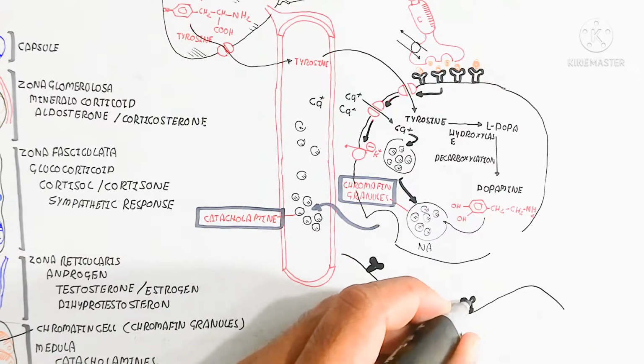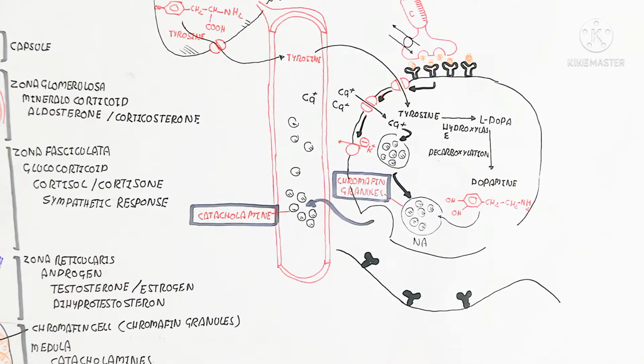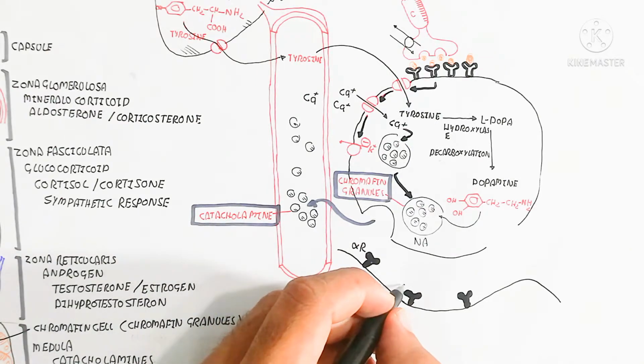Collectively this is known as the catecholamines, which contain epinephrine and norepinephrine, as well as somatostatin and substance P.